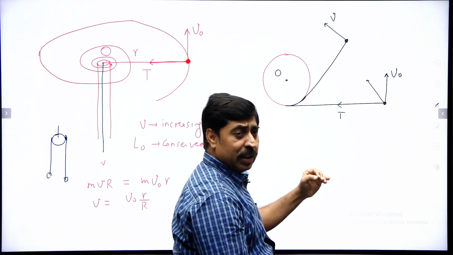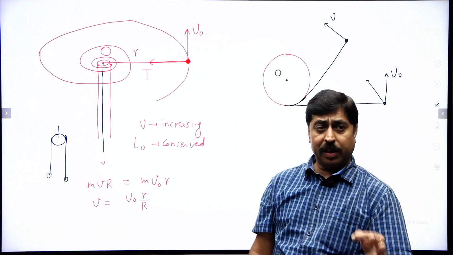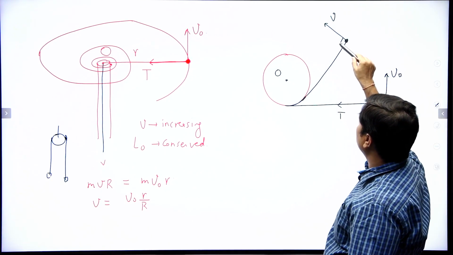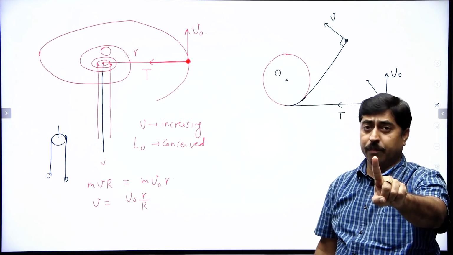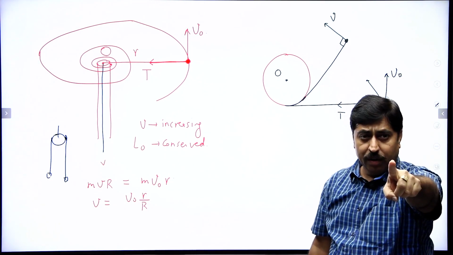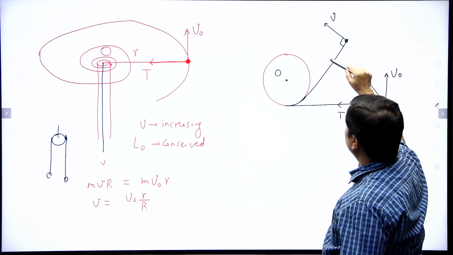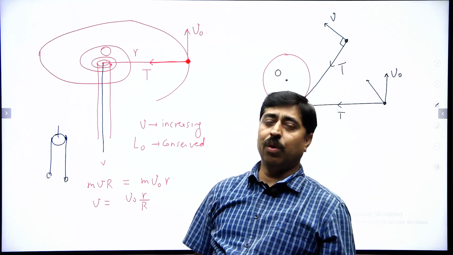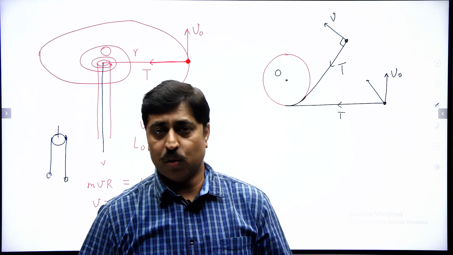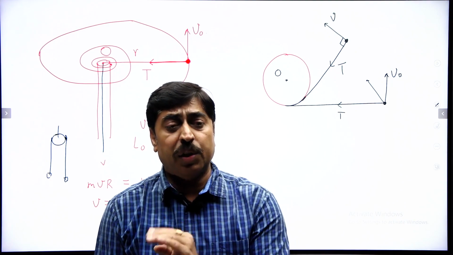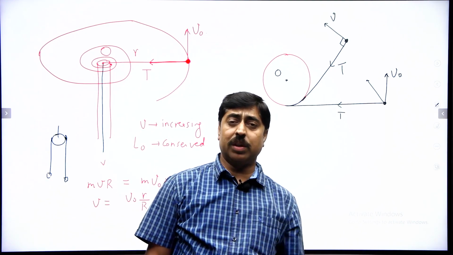So, it simply means that at any instant of time, the velocity of the particle will stay perpendicular to the string. And if the velocity is perpendicular to the string always, then tension force has no power. It is not doing any work. So, power of the tension force is 0, work done by tension force is 0.